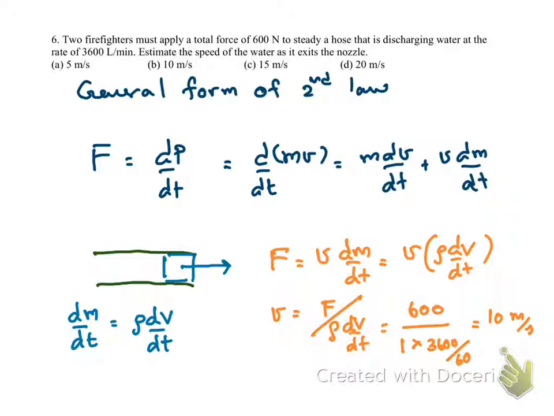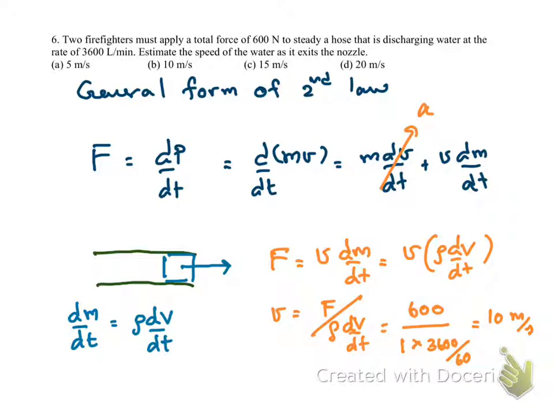Normally, if we apply the force to an object and the object does not change its mass, this term goes to 0, and we have F equal to m dv/dt, and dv/dt is nothing more than the acceleration of the object. So we have the familiar relation F equal to ma.